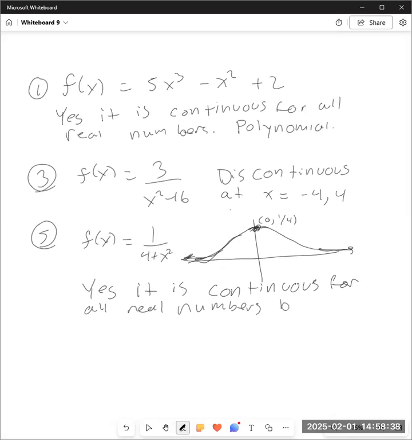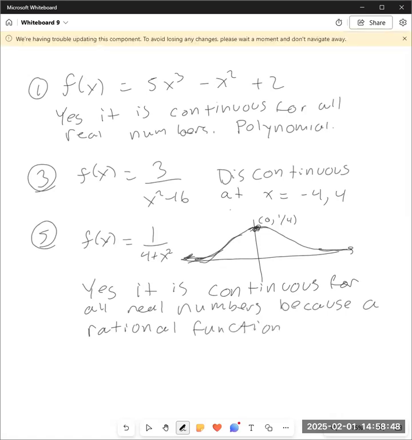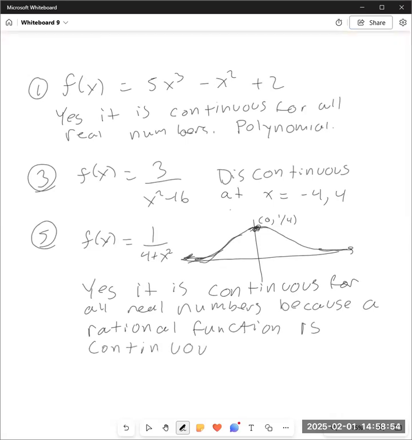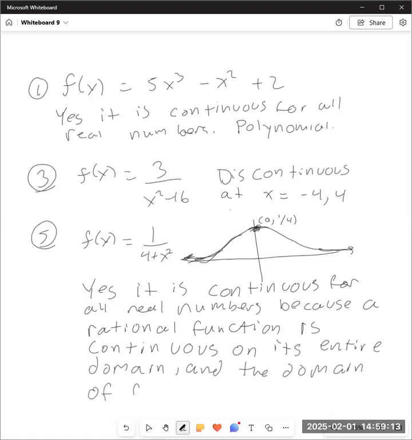Because a rational function is continuous on its entire domain. And the domain of this rational function is all real numbers.